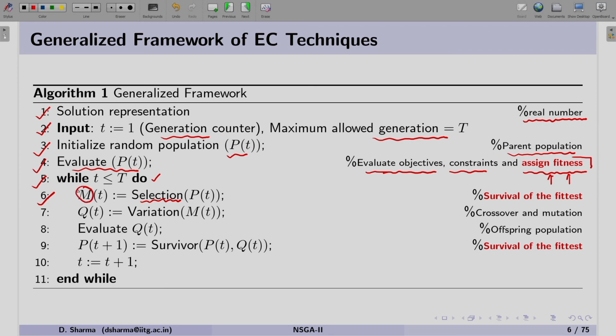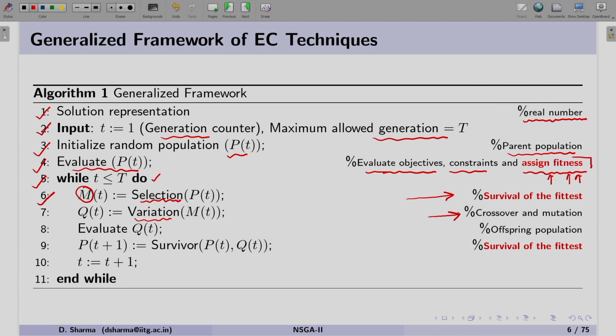Although we have assigned a fitness to each member of the population, since the problem is multi-objective, we have to see how we are going to use the survival of the fittest. Once it is done, we apply variation, basically operators such as crossover and mutation, to change the members or their decision variable vectors.